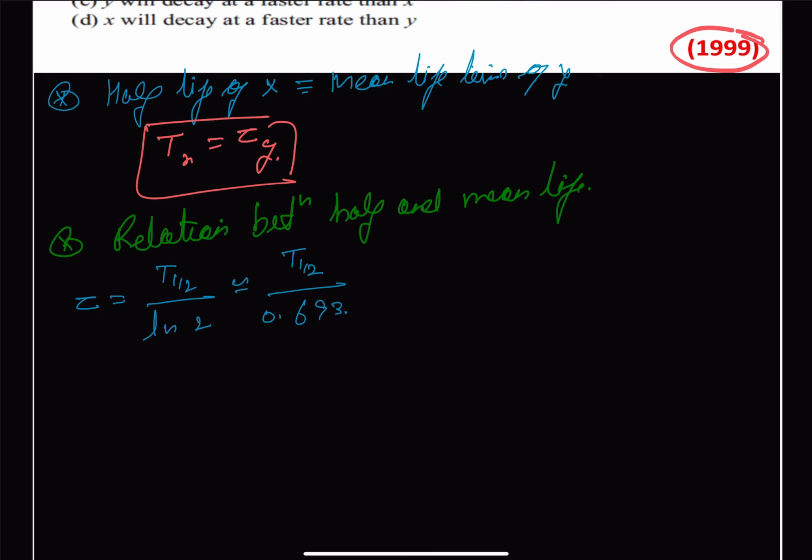It says that Tx is equal to tau y, so we can write that for T of x equal to tau of y, we get T of x is equal to T half of y divided by natural log of 2.